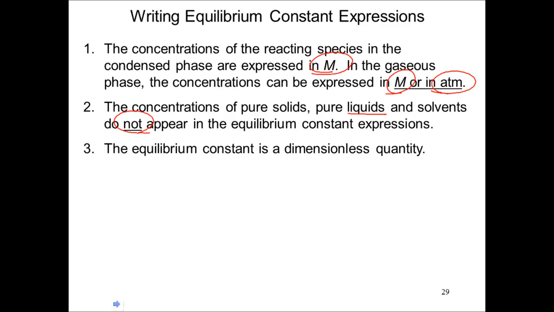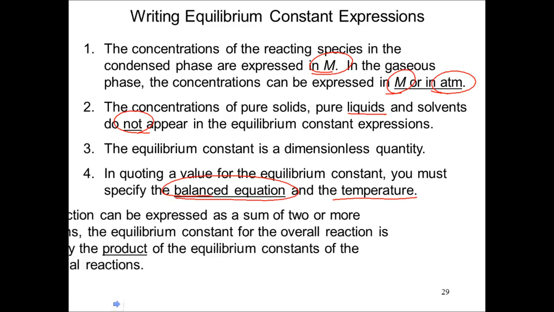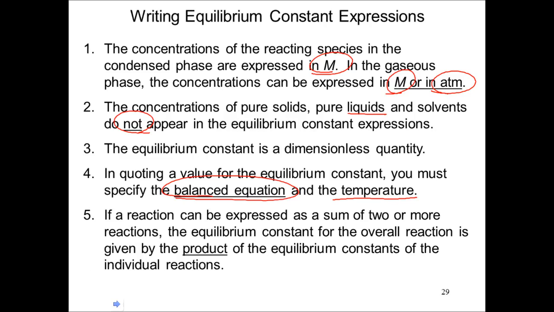Number three, the equilibrium constant is a dimensionless quantity. Number four, in quoting a value for the equilibrium constant, you must specify the balanced equation and the temperature. And number five, if a reaction can be expressed as the sum of two or more reactions, then the equilibrium constant for the overall reaction is given by the product of the equilibrium constants of the individual reactions.